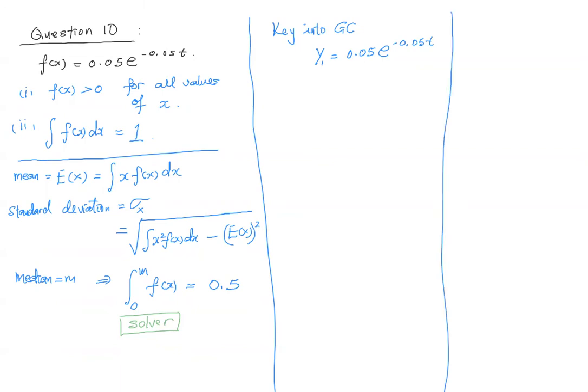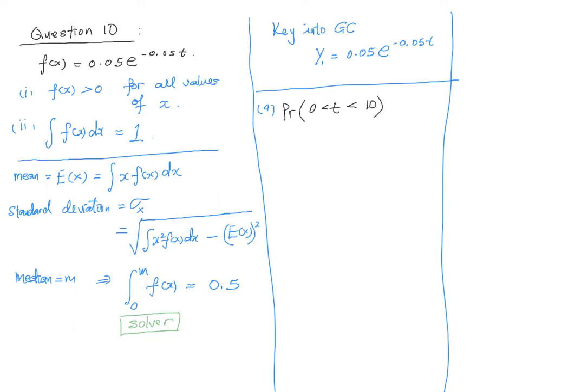Okay, now I'm going to start with question 10 part A. They say, calculate the probability that a randomly chosen individual spends between 0 to 10 minutes in the entry queue. So probability, the time taken is between 0 and 10.